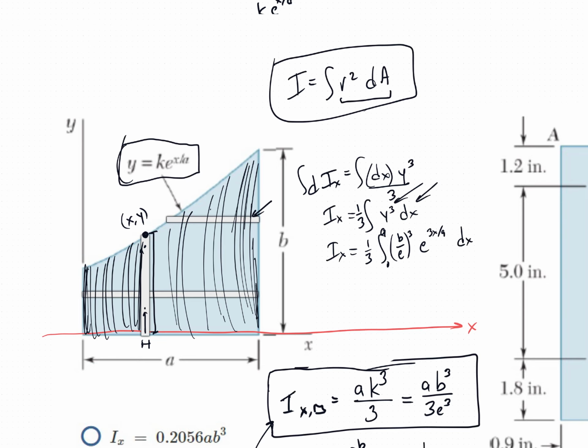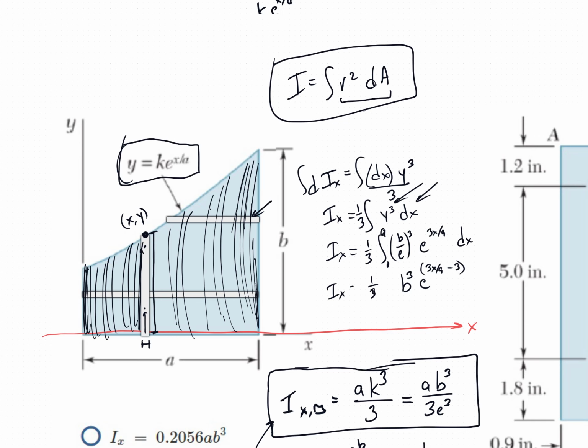We have to do some logarithmic rules, so we get b cubed e to the 3x over a, and then we had an e cubed on the bottom, so we have to subtract 3. That's not what we wanted to have happen, is it? Well, I'm sorry, guys, but those are the rules.